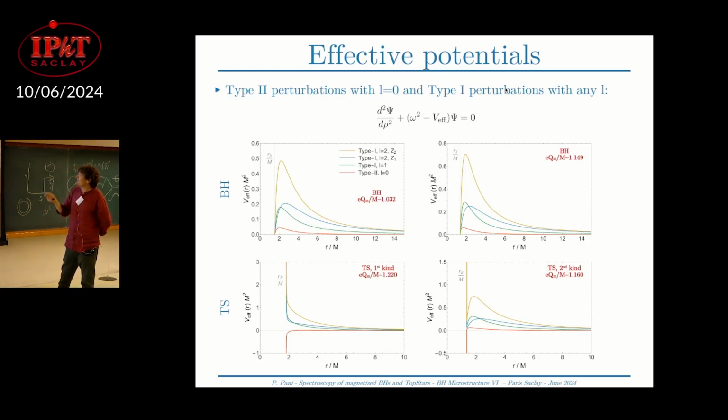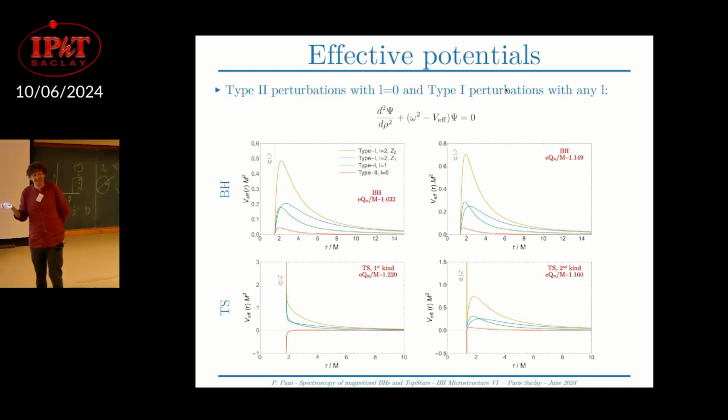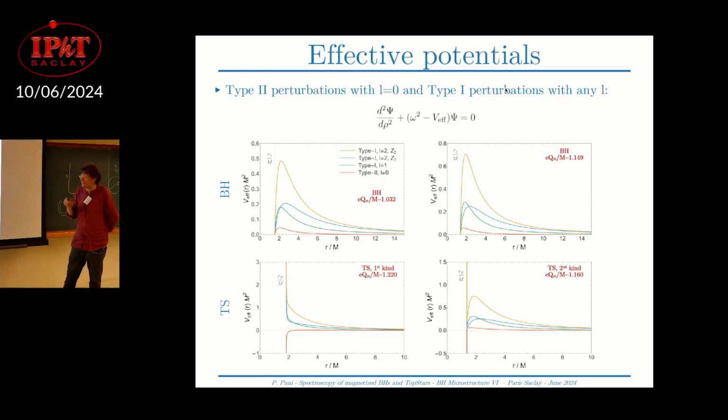The interesting part is in the topological star solution. So this is a topological star of the first kind, and what you get is that the effective potential diverges at r equal r_B, actually diverges to positive values for all cases, but for the radial perturbation, so the type 2 radial perturbation, in which it diverges at minus infinity.